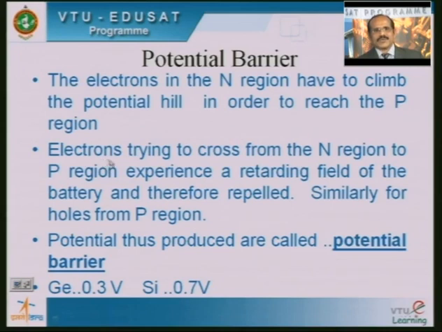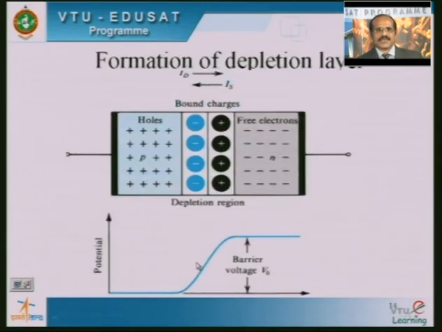Electrons trying to cross from the N region to the P region experience a retarding field and are therefore repelled. Similarly, holes trying to move from the P region to the N region are repelled by this potential barrier. This potential barrier is 0.3 volts in the case of germanium, whereas it is 0.7 volts in the case of silicon. So that's what you can see here.